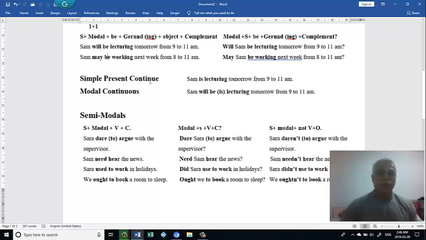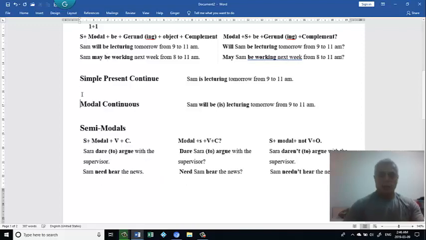Simple present continuous: Sam is lecturing tomorrow from 9 to 11 a.m. If you make it modal continuous, then we have to mix those two with the simple modal. For example, you could say here, modal simple: Sam will lecture tomorrow.